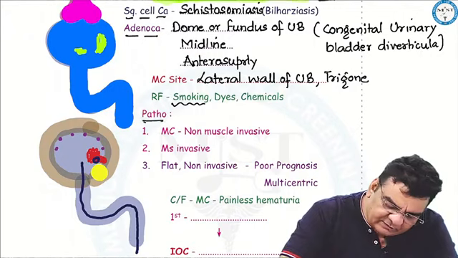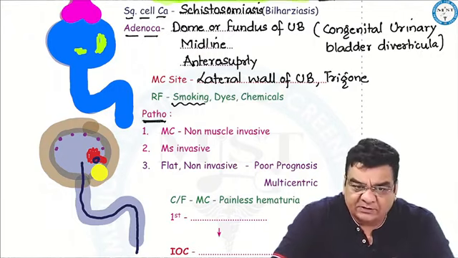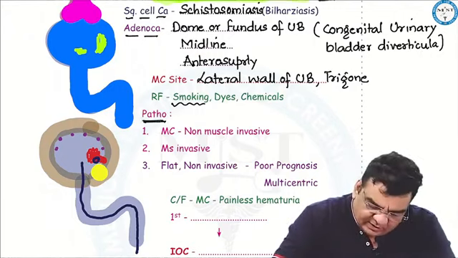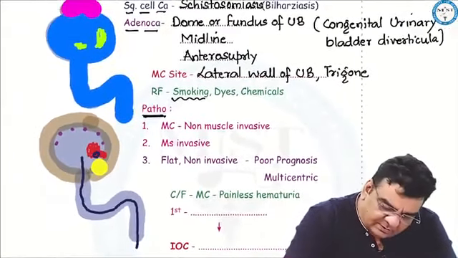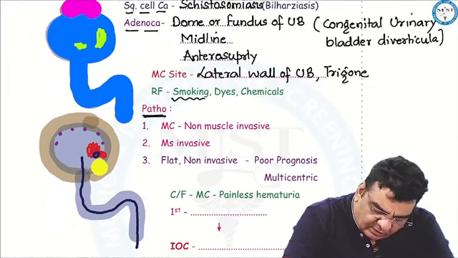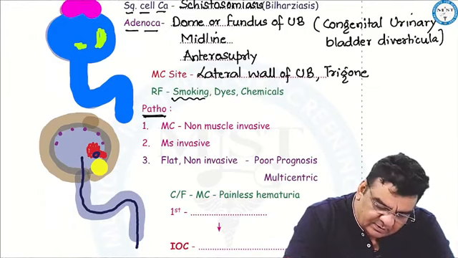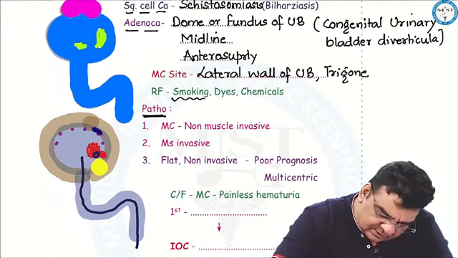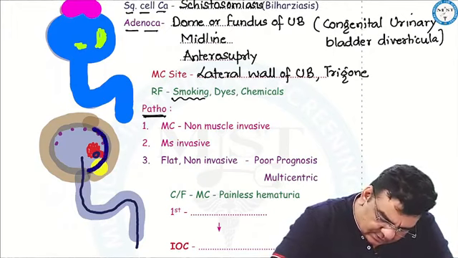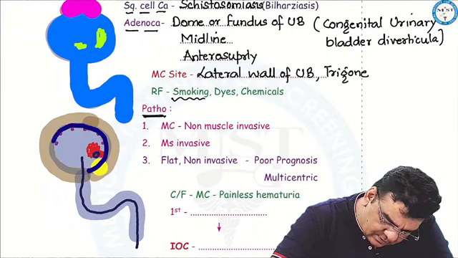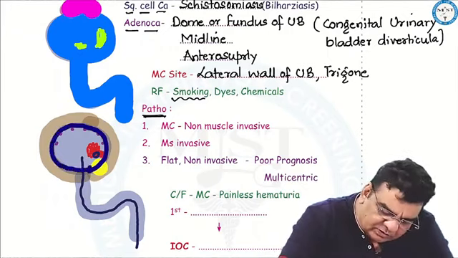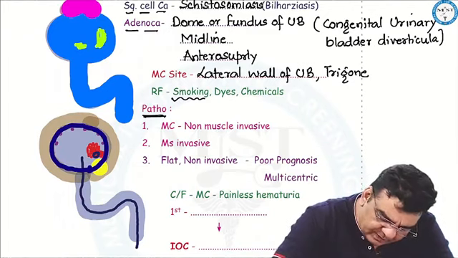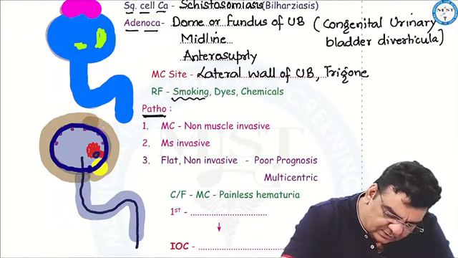Pathologically, we can classify the bladder cancers into three types. If we take a look at the different layers of the urinary bladder here, the innermost layer is the mucosa. Just beneath the mucosa, there will be the submucosa.